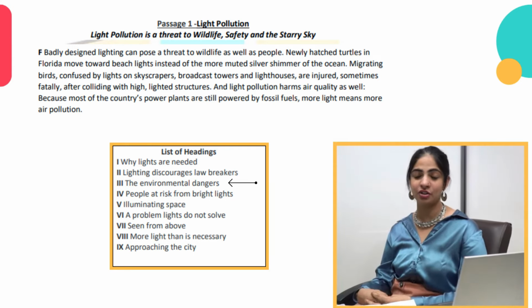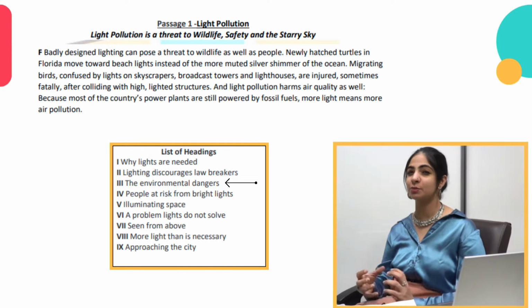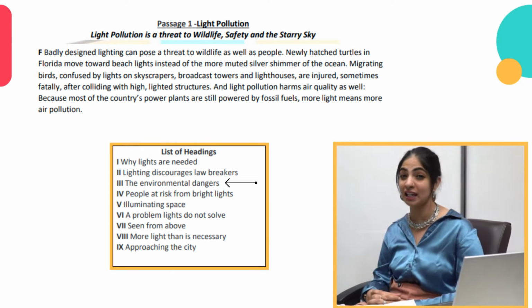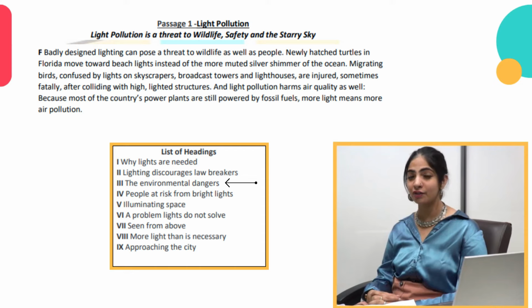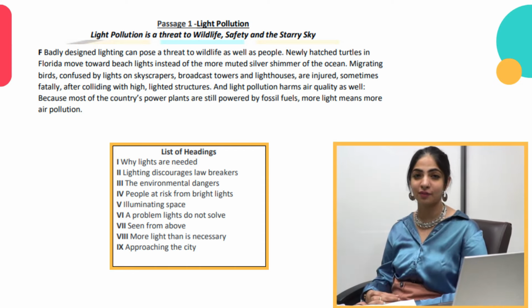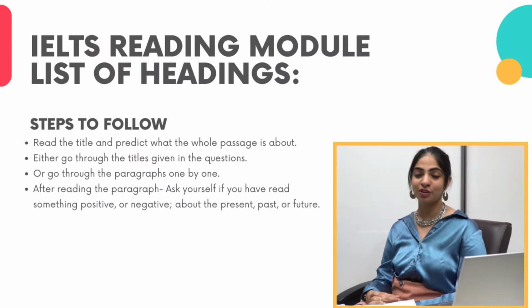So all these things are related to environment and dangers. Why? Because this paragraph is talking about something negative. And instead of using dangers, they have used the word threat in the very first line of the paragraph.